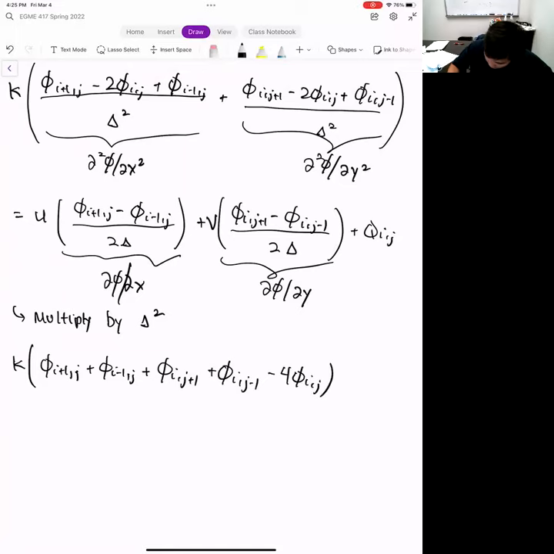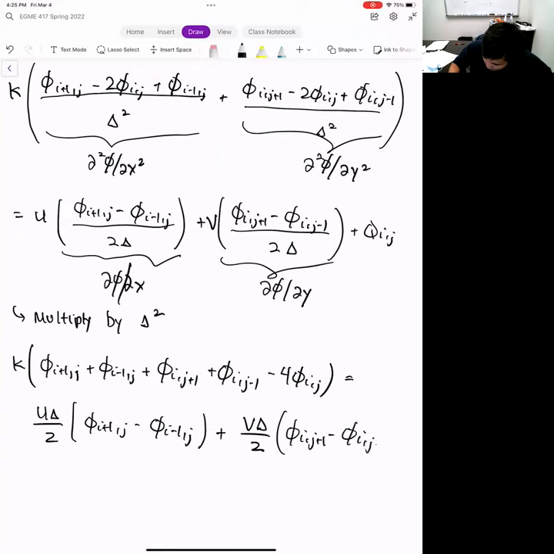This is equal to u delta divided by 2 times phi i plus 1 comma j minus phi i minus 1 comma j, plus v delta divided by 2 times phi i j plus 1 minus phi i j minus 1, plus q i comma j delta squared.